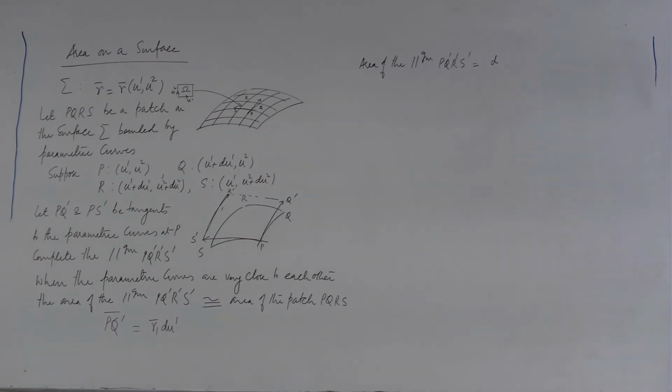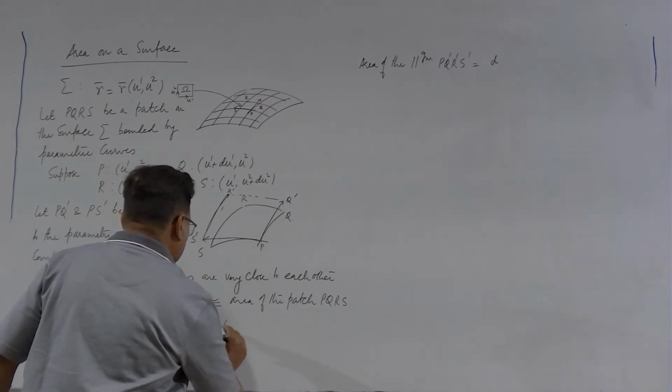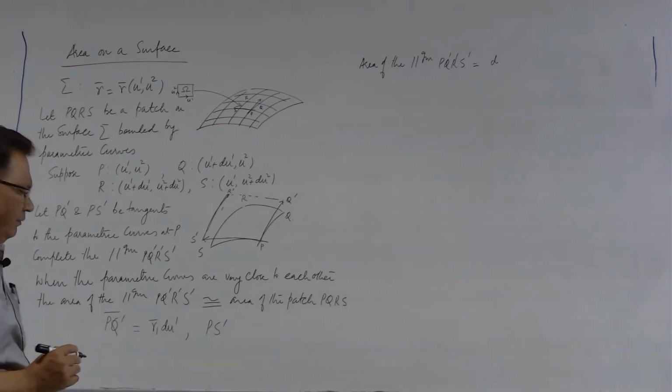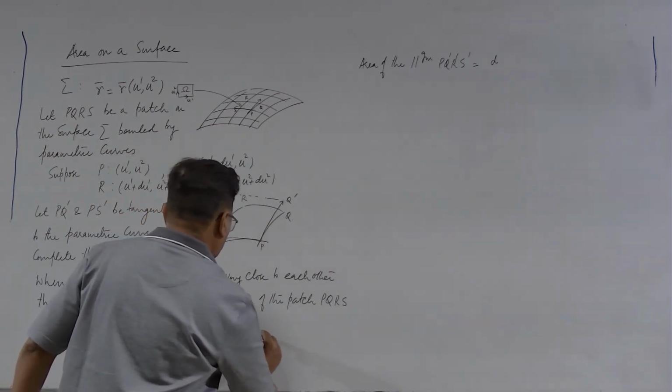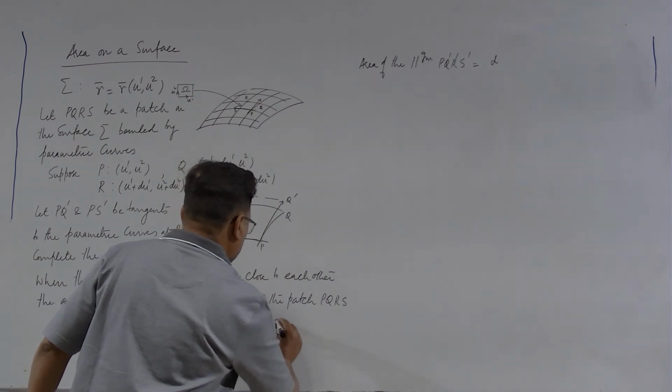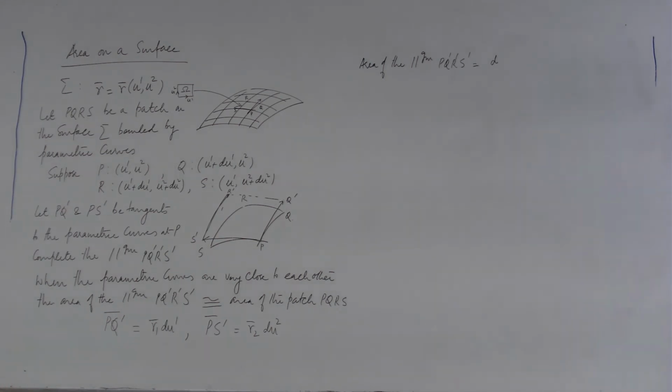It is on the u1 curve, so u2 is constant, du2 will be 0, and P S dash, the adjacent side of the parallelogram, will be equal to r2 du2. So, these are the adjacent sides of the parallelogram P Q dash R dash S dash.